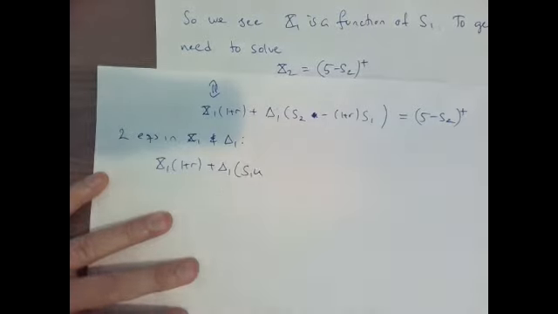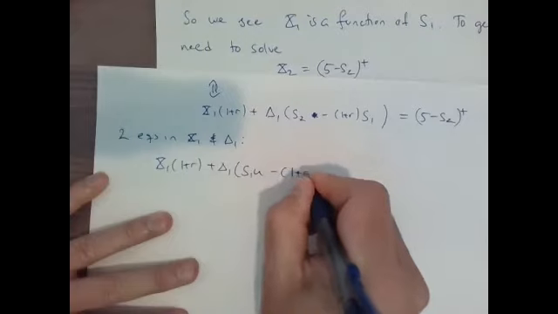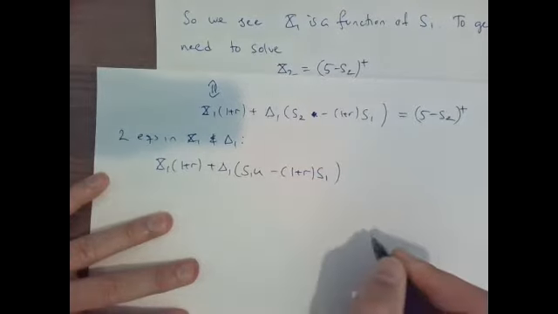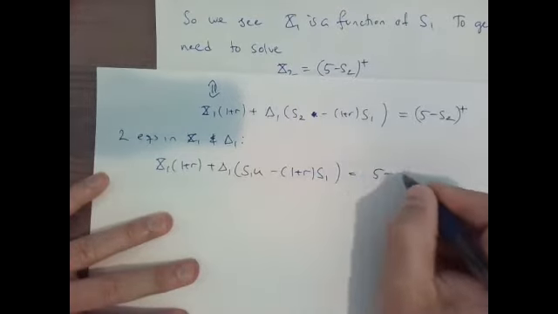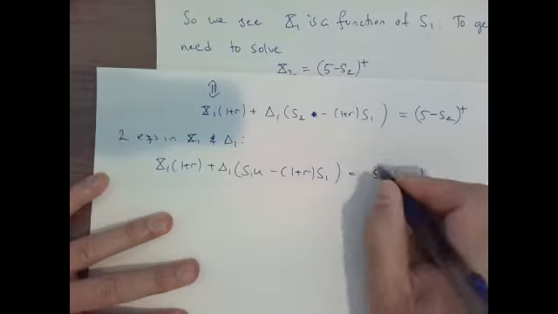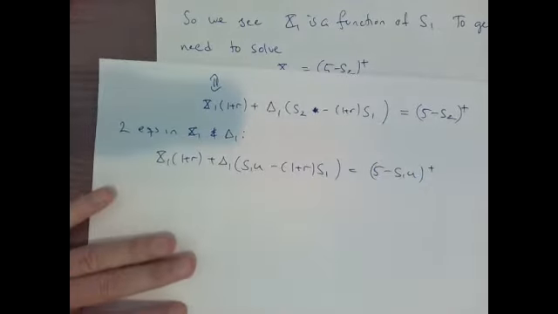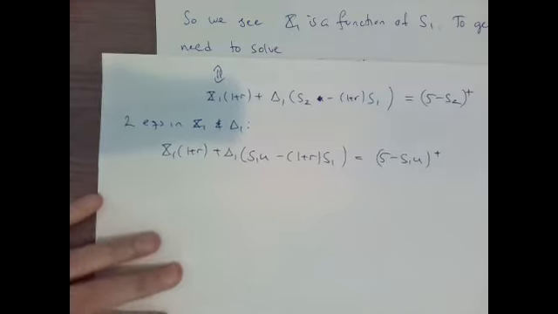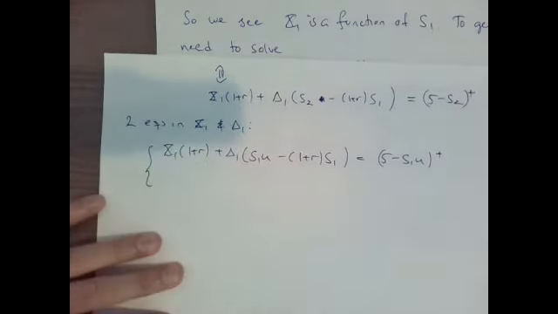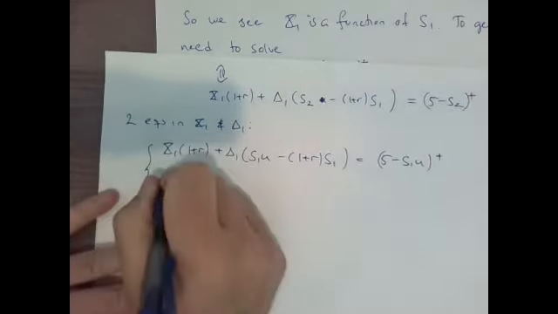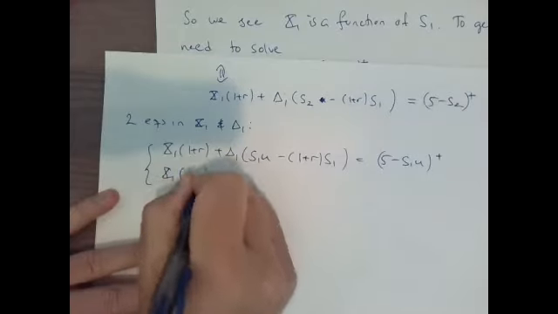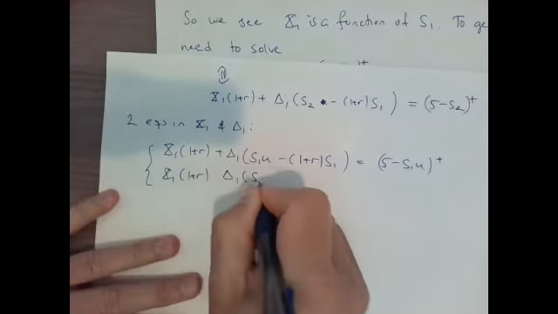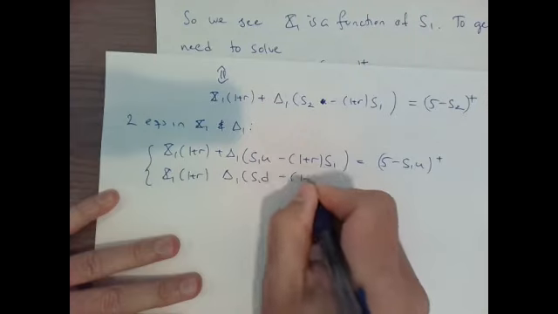So say that the first one is up, minus 1 plus r S1. This is equal to 5 minus S1 up. That was the first equation. If the second coin flip is up, what about if the second coin flip is down? Delta 1 S1 D now.